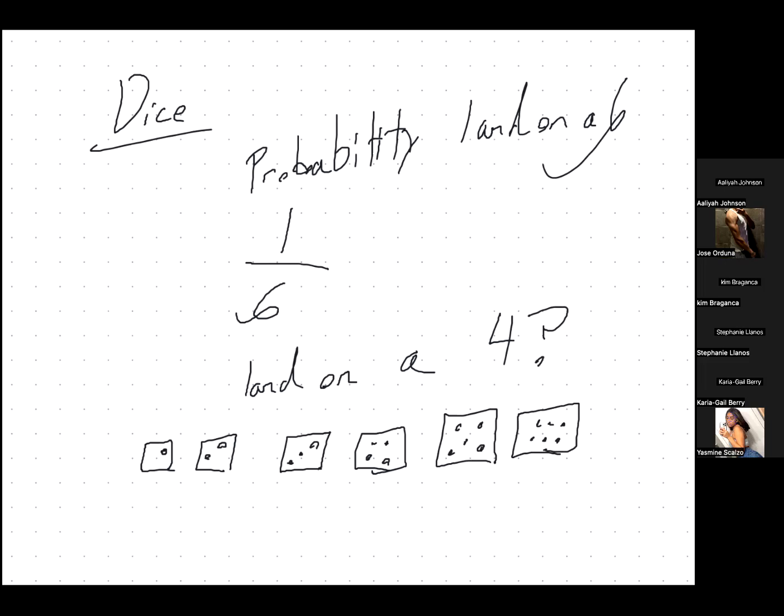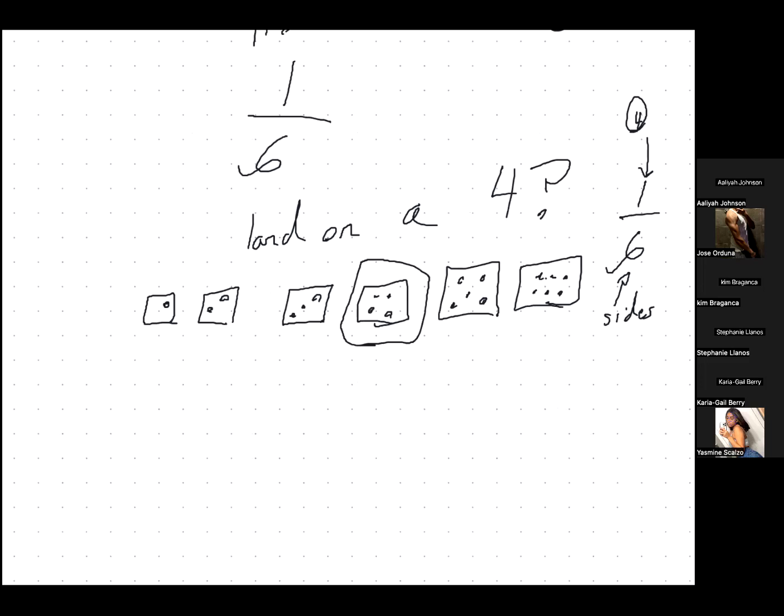All right, we've got 6 sides here. So one of those is a 4. So the probability is 1/6, because one of the possibilities is a 4 and there are 6 sides to the dice.